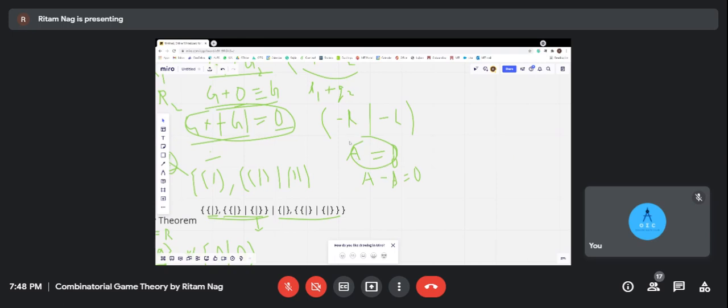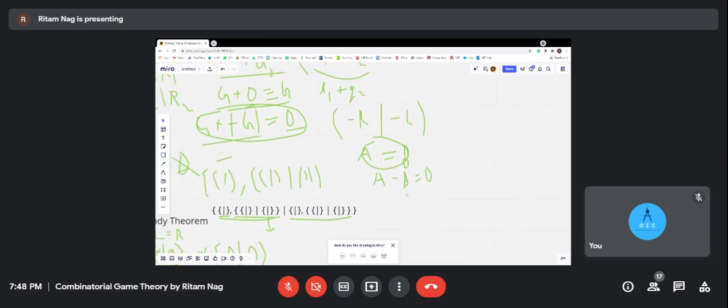So the idea of equality is that you should be able to match moves in A with moves in B. The idea of a second player win is that for any move a player makes in A, the other player can make a corresponding move in B, and then the game will remain at 0. So this is the key idea.